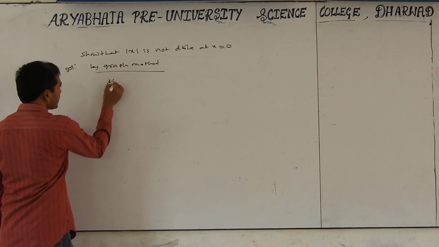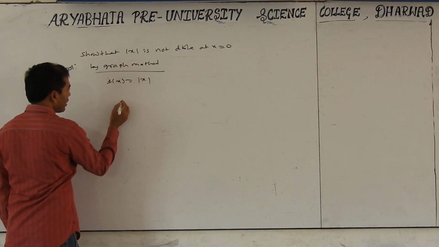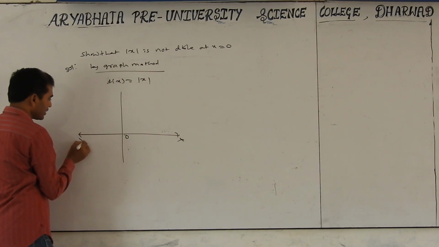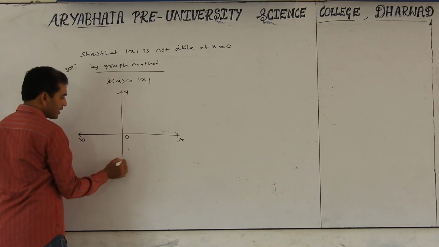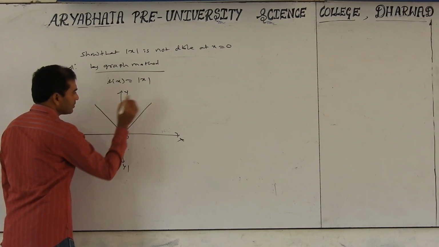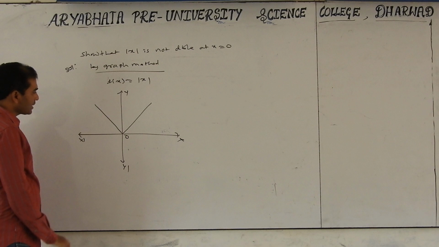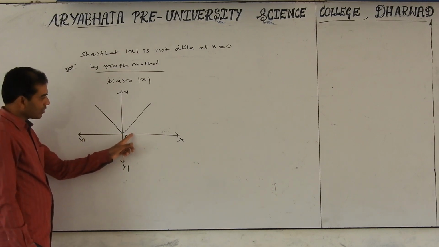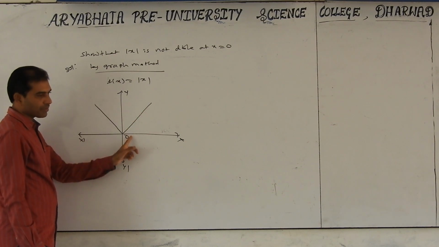Tell me, what is the mod x graph? Draw the axes x o x dash and y o y dash. The mod x graph is like this, a V shape. At what point does mod x have a sharp edge? At 0. Here no sharp edge, here no sharp edge, here no sharp edge.